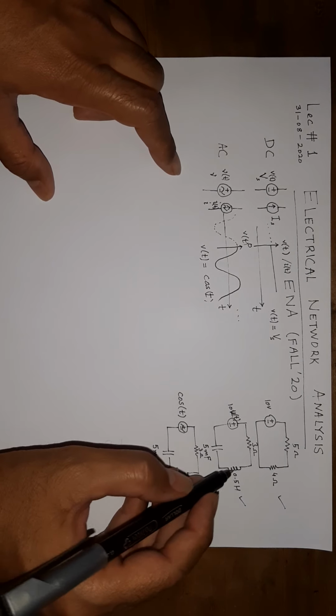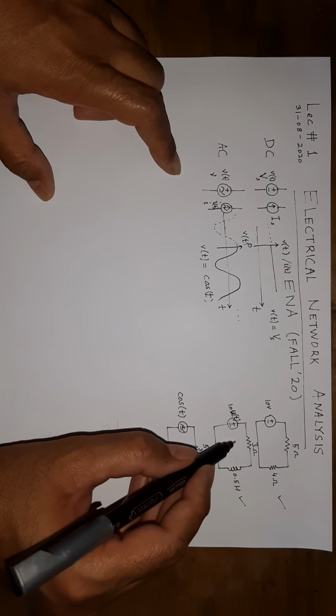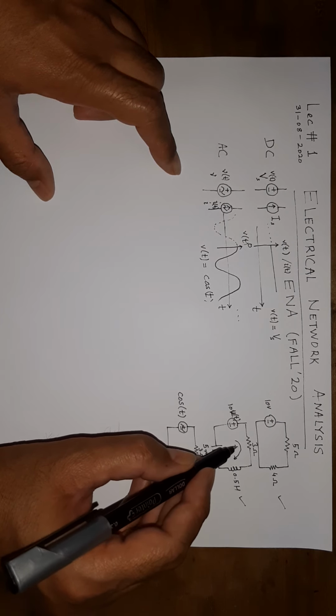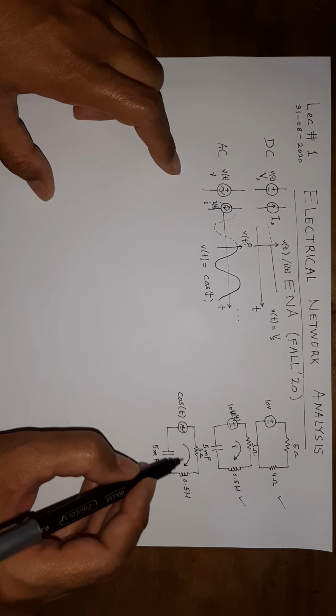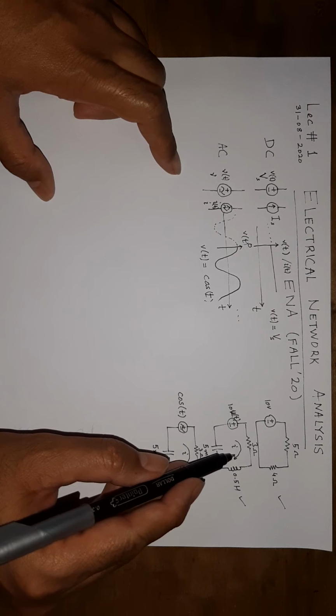So if we are to find say the current in this circuit, i(t), the same thing, how are we going to proceed with this?